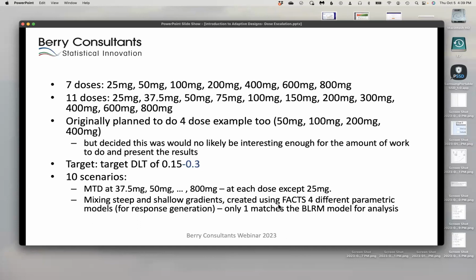I used the parametric models in FACTS to generate these, so that I wasn't manually entering doses. Only one of these models will actually match the BLRM in FACTS. So not all the scenarios will look linear in the logit space, and so we're not biasing the scenarios towards ones that naturally get fitted by that model.